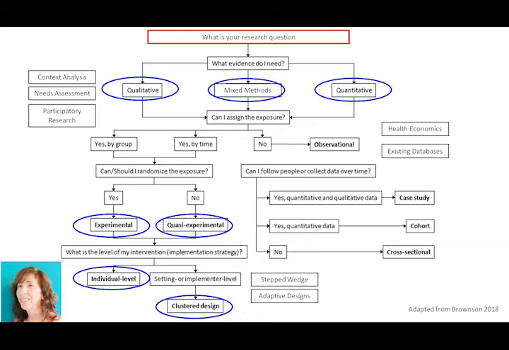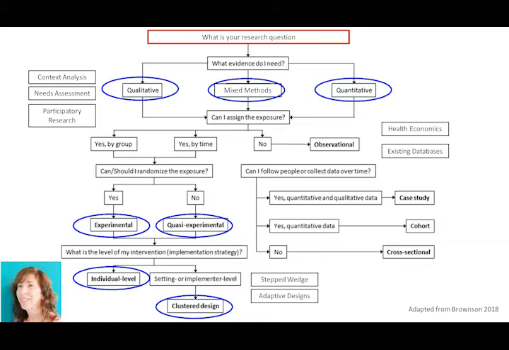So we can use, for example, before-after studies, time series analysis, etc. The difference between experimental and quasi-experimental designs is that the assignment of the intervention is at random in experimental studies and is not at random but following other criteria in quasi-experimental ones.